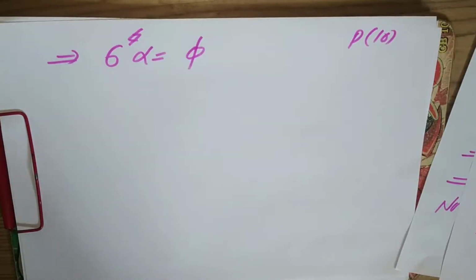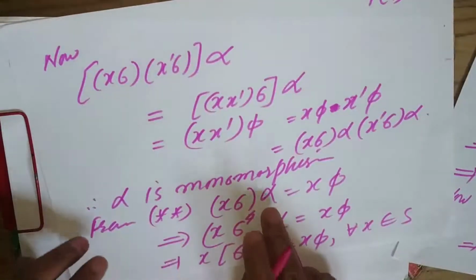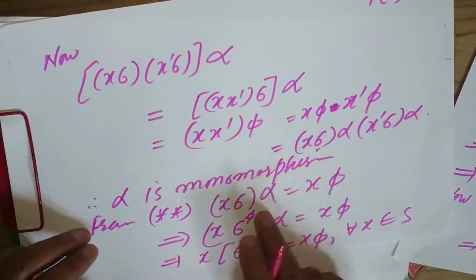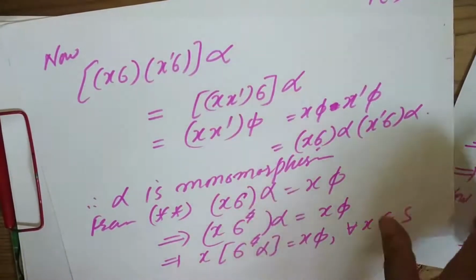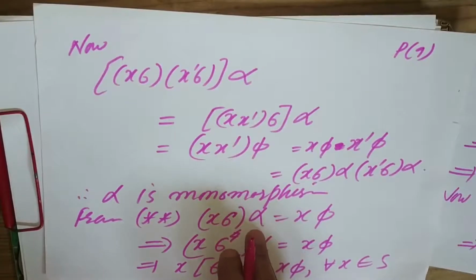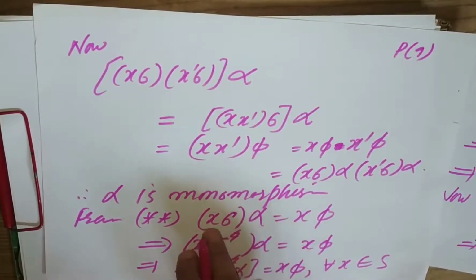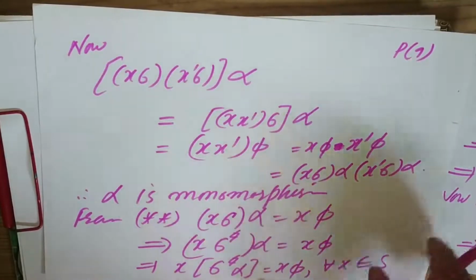And also it implies that the image of alpha is the same as the image of phi, because they are equal. So if we choose any point in the image of alpha, then it must be of this type, x sigma alpha, which is equal to x phi. So that means it is in the image of phi.